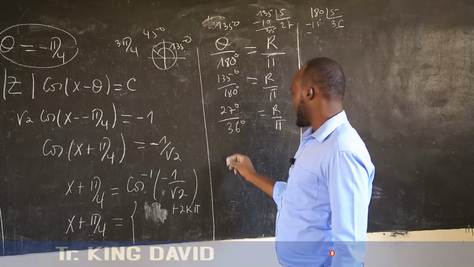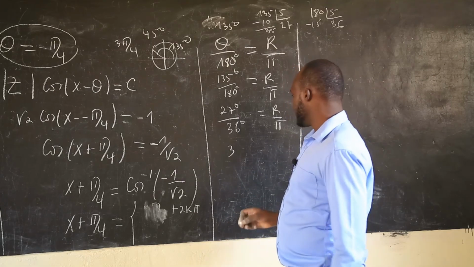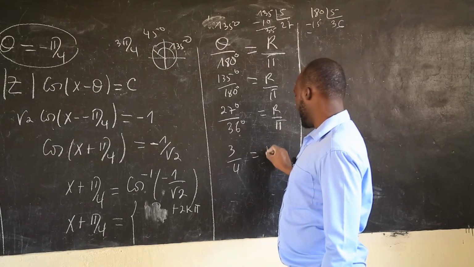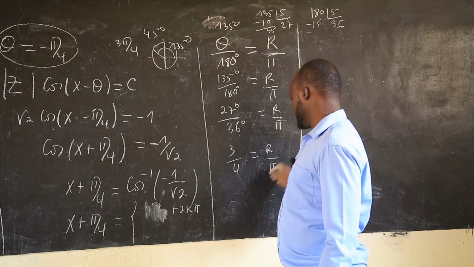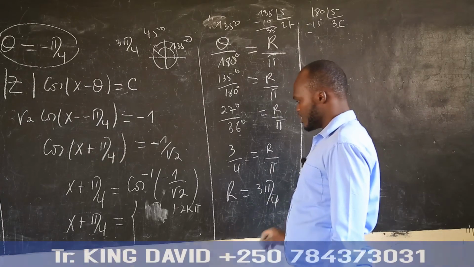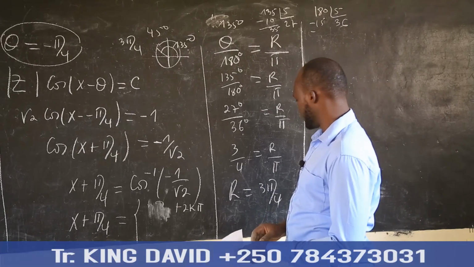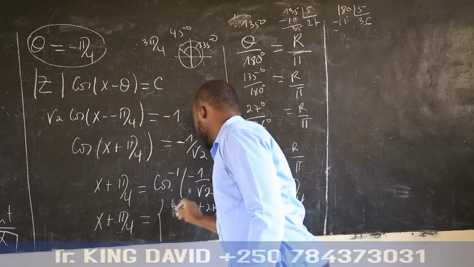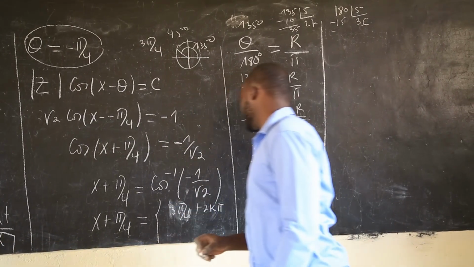So rad you get 3 pi over 4. Good. So it is 3 pi over 4 plus 2k pi.